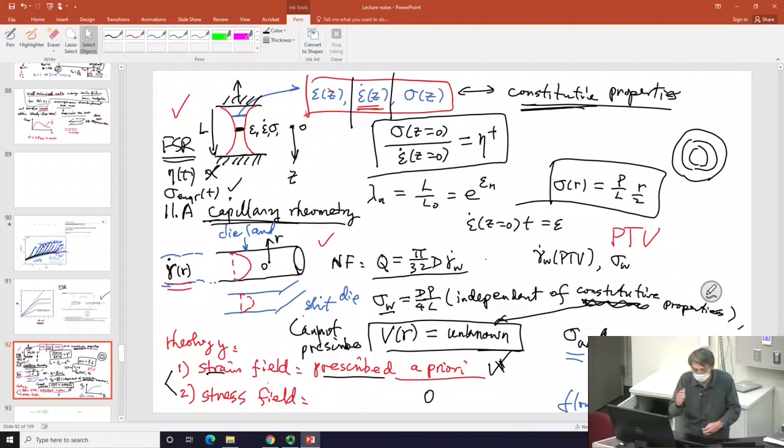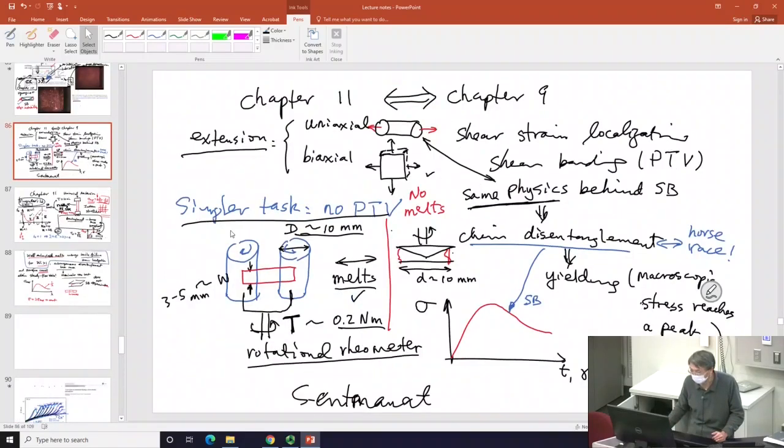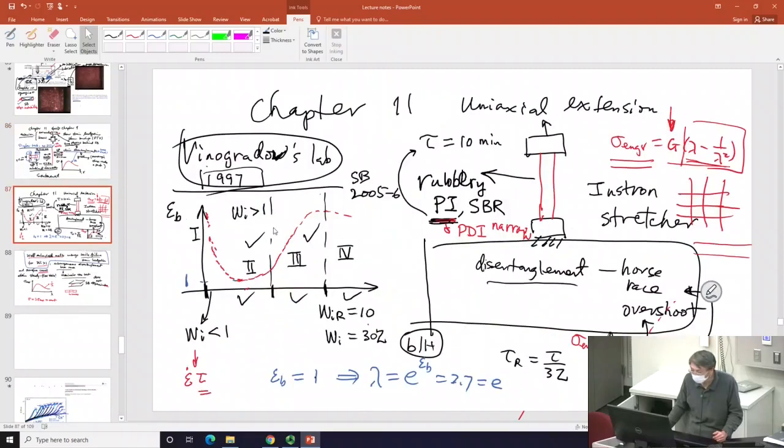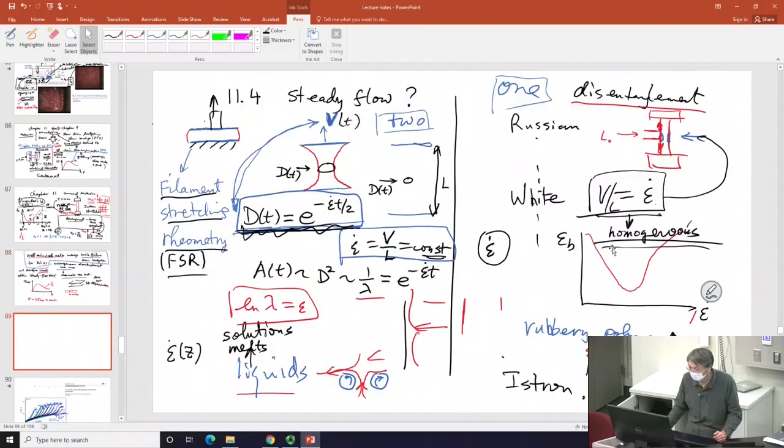So you better understand the contrast, or contrast analogy, rather. What we speak about in terms of sample breaking apart is the same as shear banding, right? The sample becomes non-uniformly deforming. FSR suppresses that because it's inherently allowing that to occur.